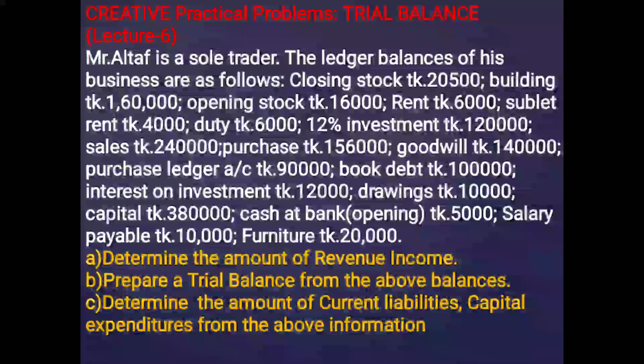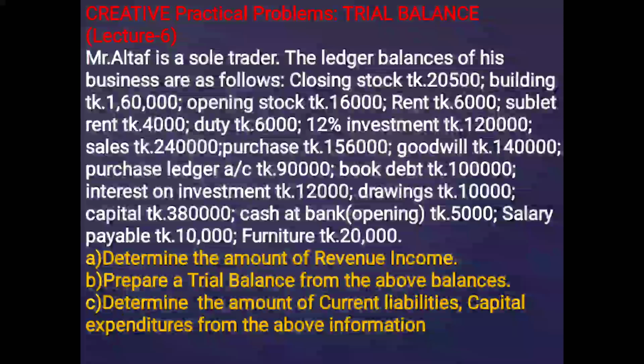Salary payable, or salary due, is credited in the trial balance. Furniture is one kind of fixed asset, that is, capital expenditure. All fixed assets and long-term investments are related to capital expenditure, so they are treated as debit balances.